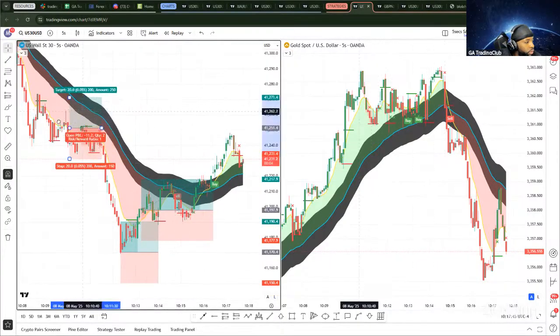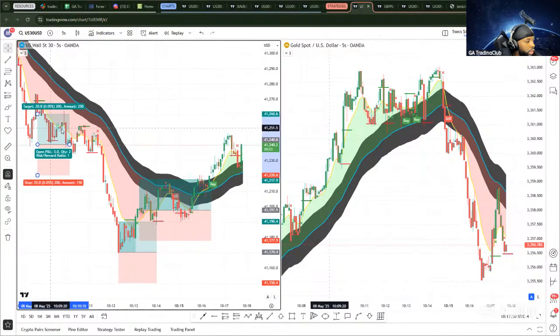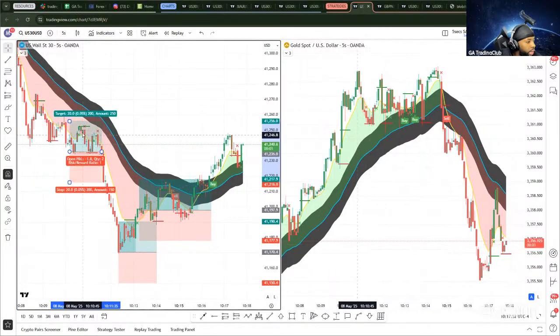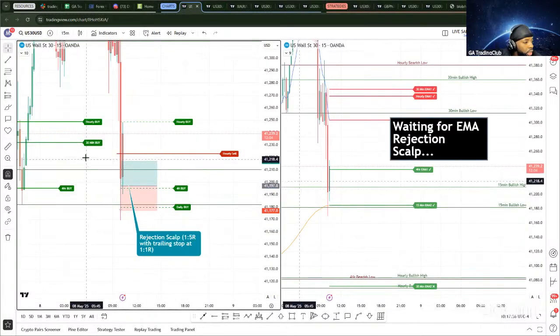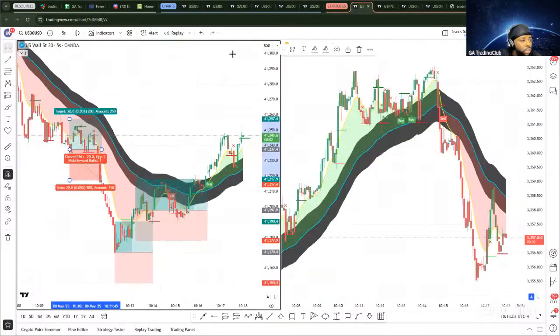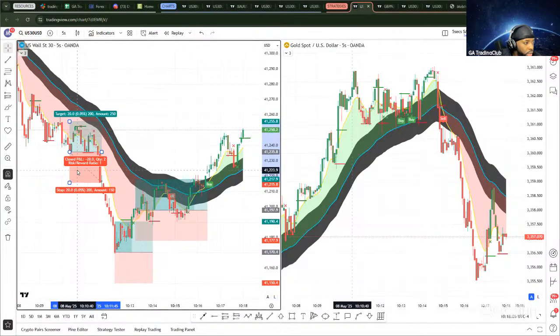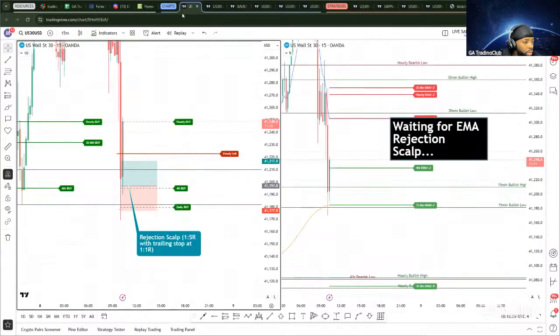If you would have taken the trade, I think the better validation came somewhere, let me see. 10 points below this was 12.9, 23. So 23. No, am I tripping?